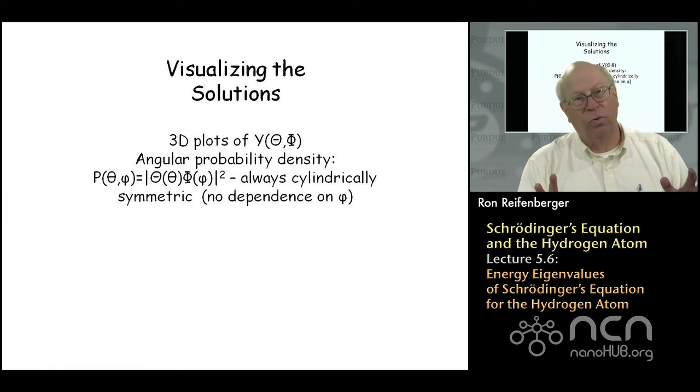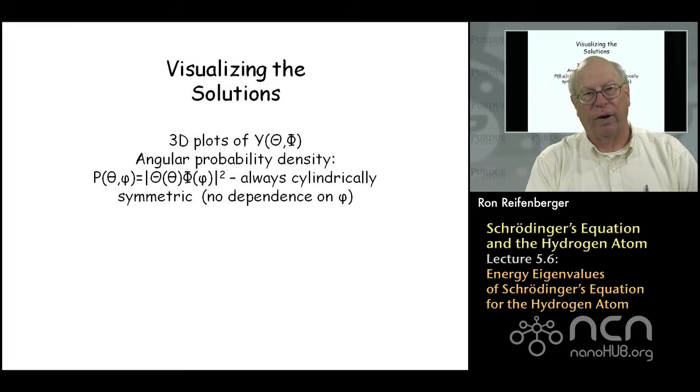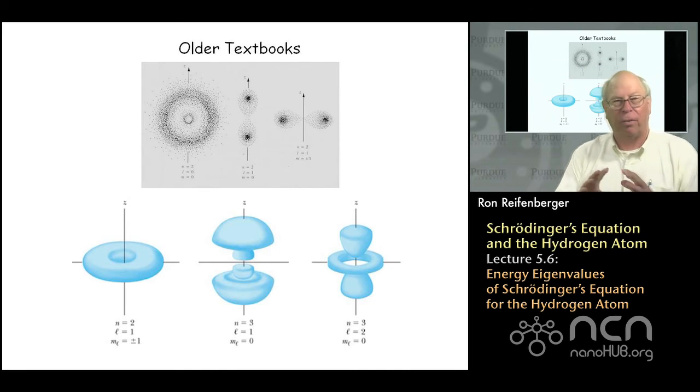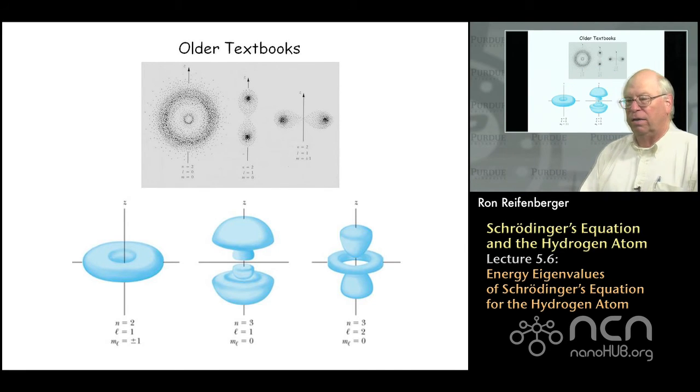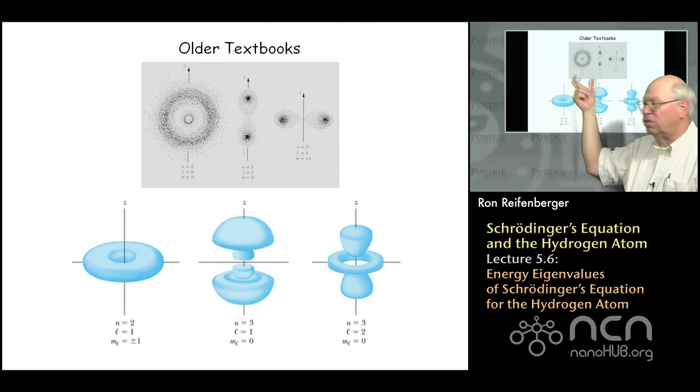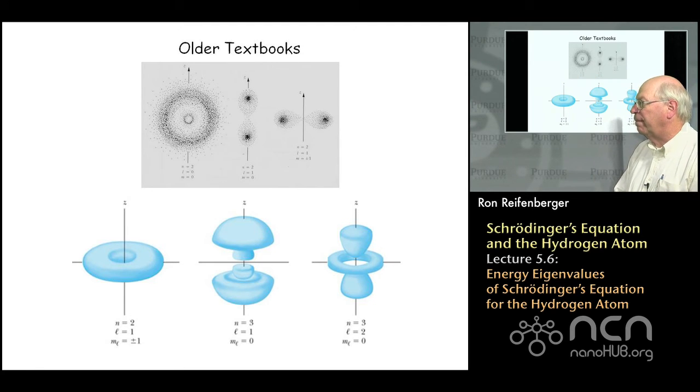It's useful to visualize the solutions of Schrödinger's equation rather than just looking at the equation itself. I'll just mention there are many ways to do this. If you look at the older textbooks, the drawings for the wave functions were rather obscure.